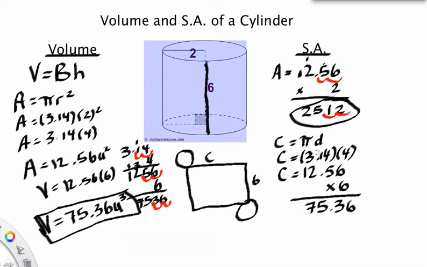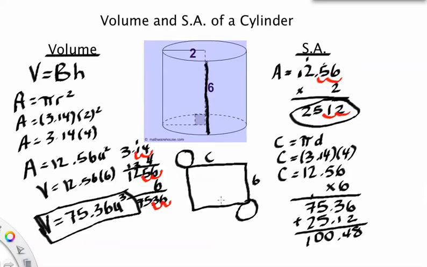And finally, to get the total surface area, I need to add those two numbers together. So I need to add the 25.12 to the 75.36, and I'll get an 8 here, I'll get a 4 here, I'll get a 0 here, and 7 plus 2 is 9, plus 1 more is 10.